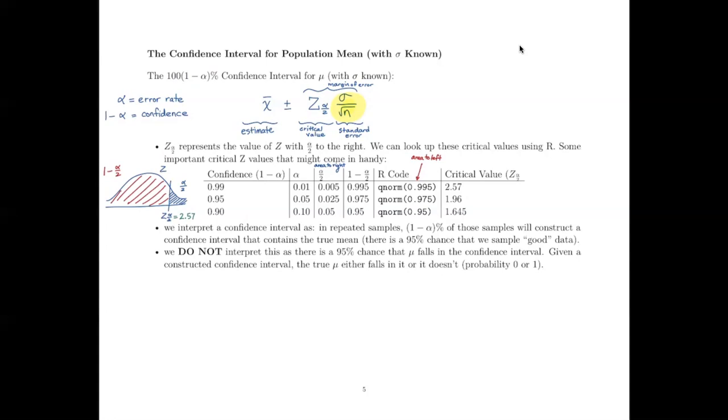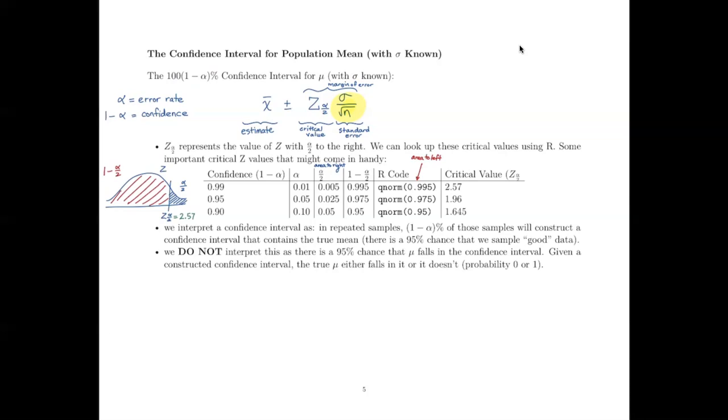And some of those confidence intervals might contain the true population mean mu, okay? And so in this case, that's our confidence. So 1 minus alpha percent of those samples will construct a confidence interval that's going to contain the true population mean, okay? You could think of that as there being a 1 minus alpha percent chance that we sample good enough data. We don't have a lot of weird outliers or anything, okay?